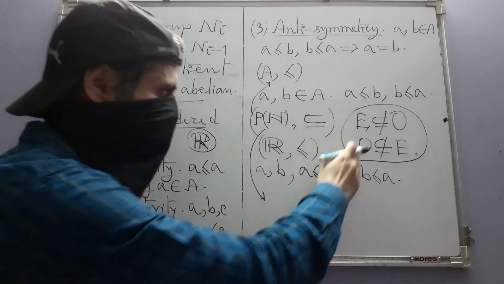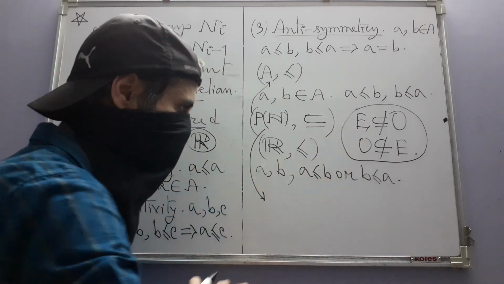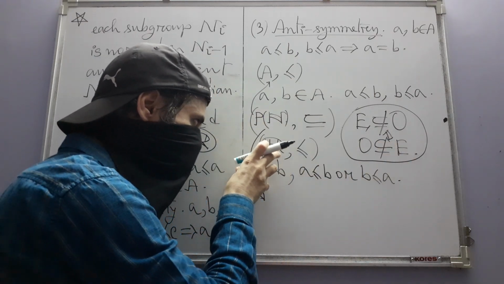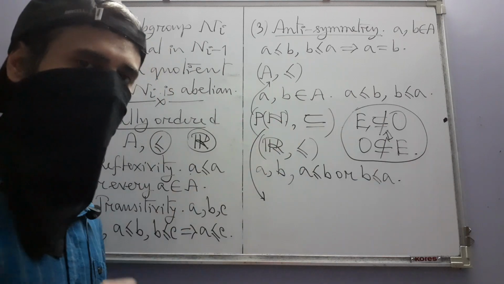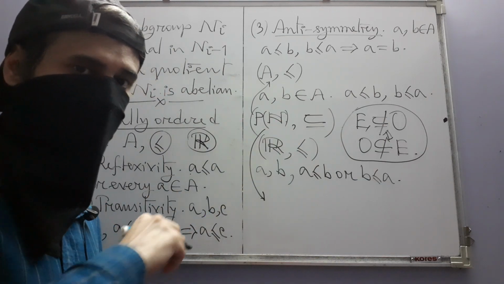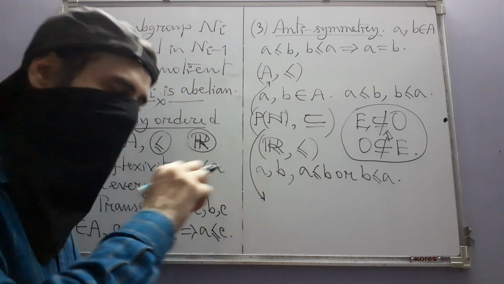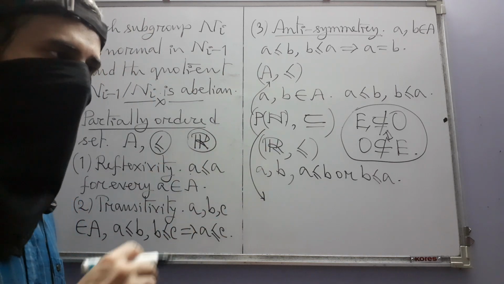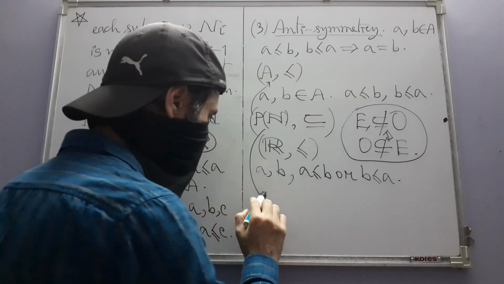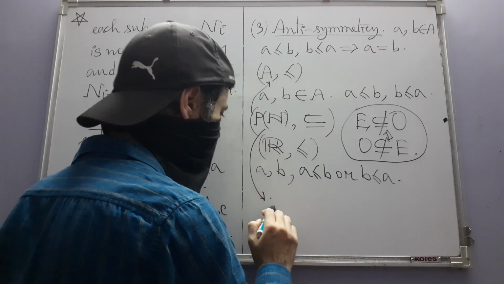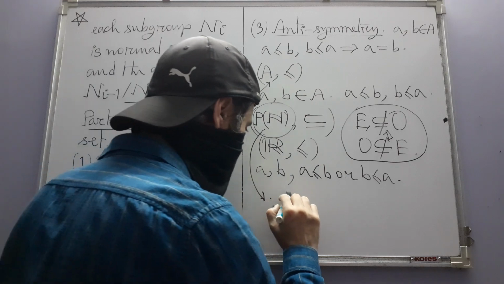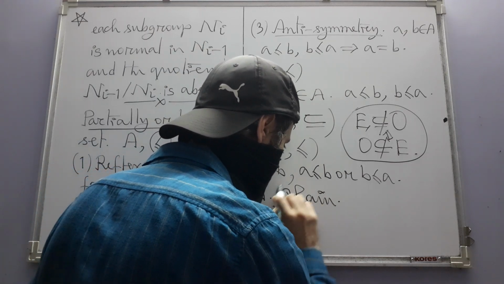I mean, if you get rid of this kind of non-comparability by restricting your attention to some particular, maybe some small collection of subsets of n, within that collection maybe any two subsets are related to each other. Either this is a subset of that or that is a subset of this. When you have a totally ordered subcollection of a partially ordered set, such a subcollection is called a chain.